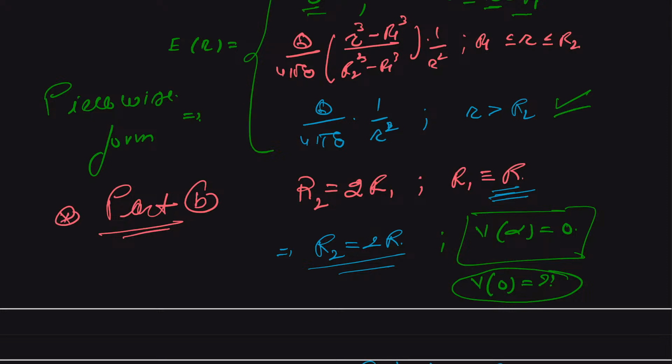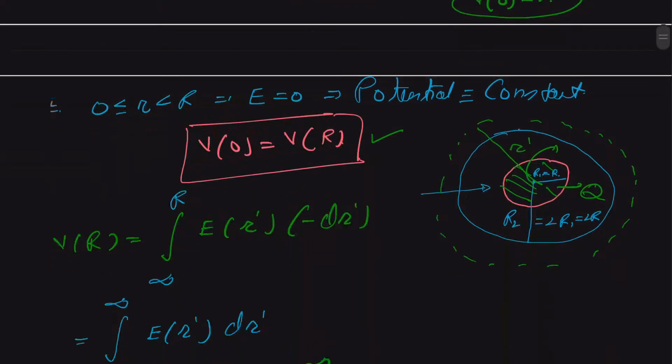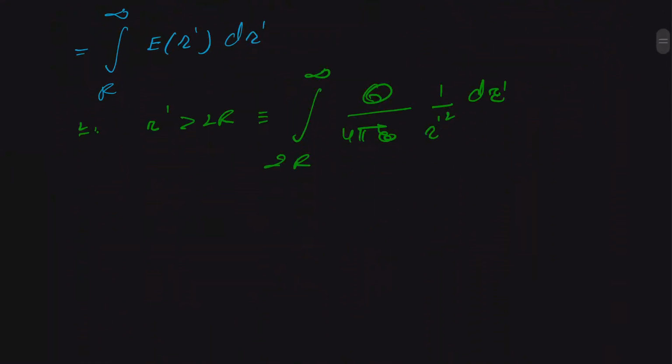Here the only difference is that the Gaussian radius is taken as r', and r2 has been replaced by 2r, for part B. Solving this gives us q upon 4 pi epsilon naught times 1 upon 2r.